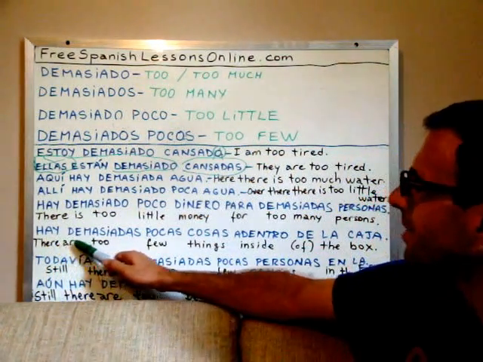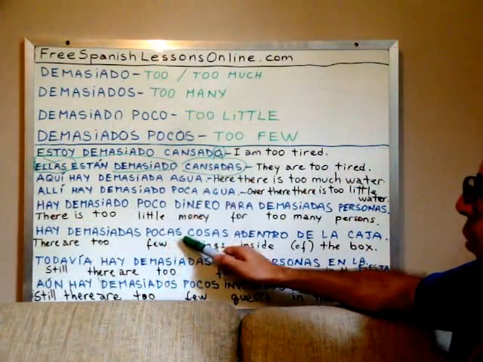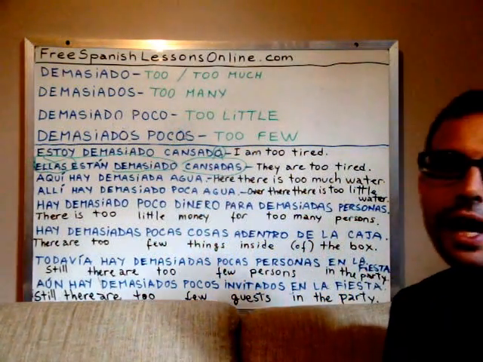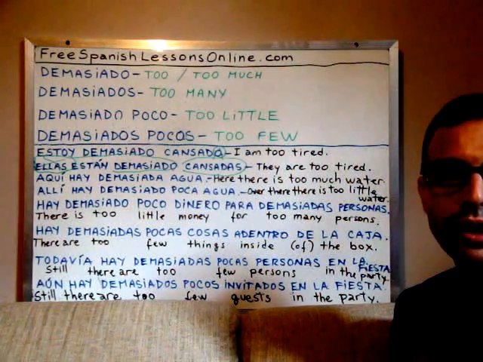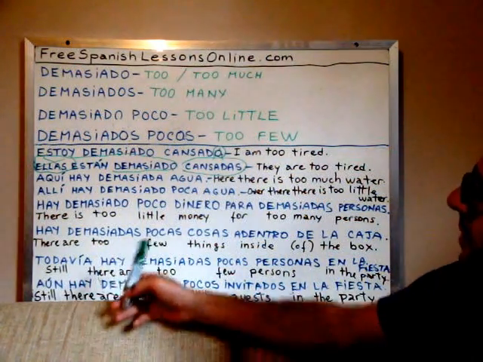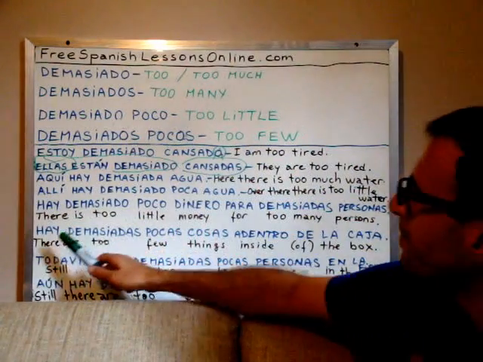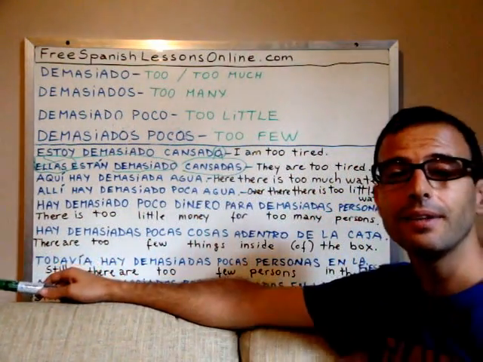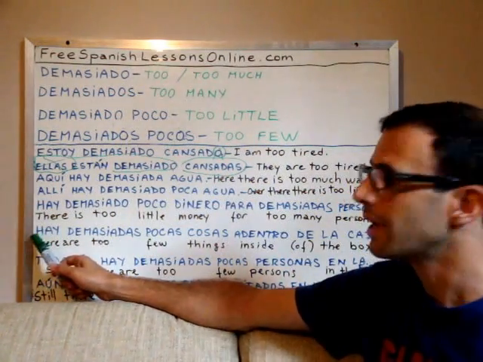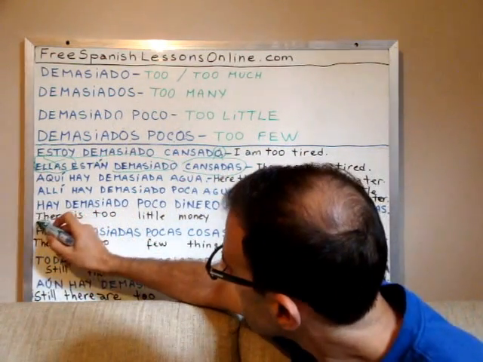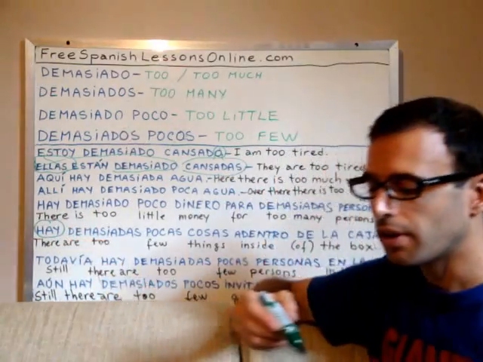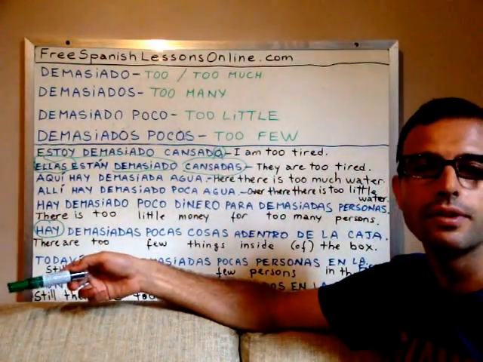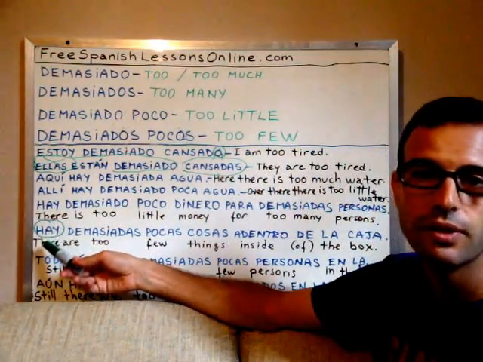Hay demasiadas pocas cosas adentro de la caja. So, again, hay is there is, in this case there are, because in Spanish the word hay can mean there is or there are indistinctly. So just through the context we can understand if this would be there is or there are.